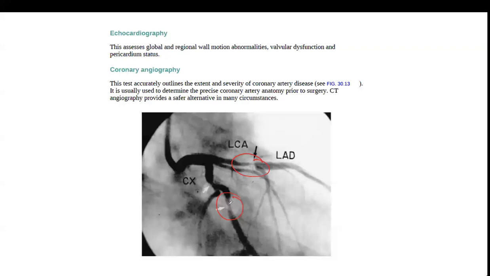So you can see that in this area the dye is not getting through like in this one. So these are the blockages. Coronary angiogram is the definitive test to be sure where exactly the block is, how much blockage there is, and how many vessels are blocked.